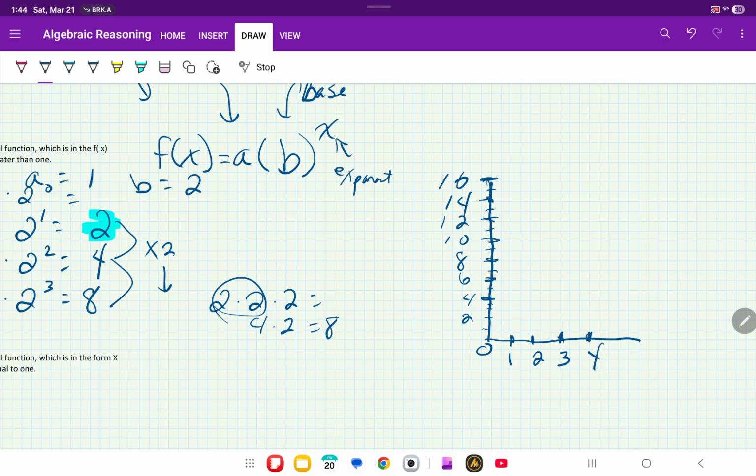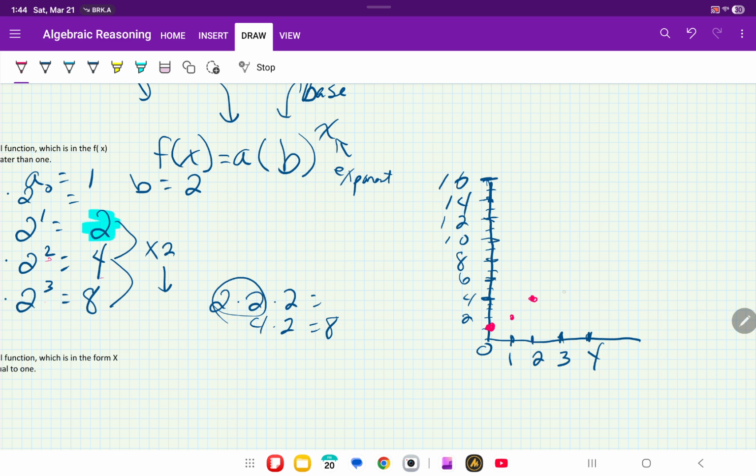So when we put in 0, change that to red, we have 0 and 1. And then from our table, we had 1, and we got out 2. So again, I'm looking at these also. I put in 2, I get out 4. I put in 3, I got out 8.